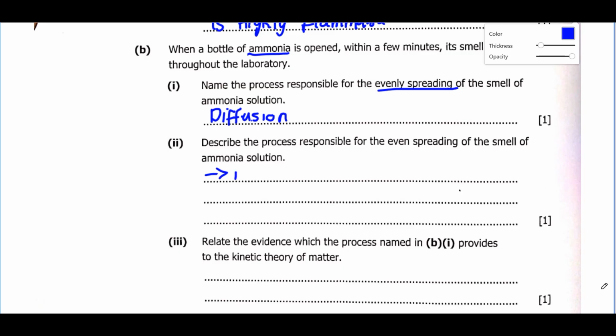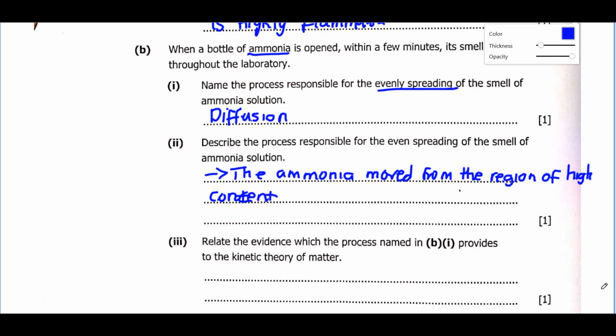So we'll say the ammonia particles moved from the region of higher concentration to a region of lower concentration.